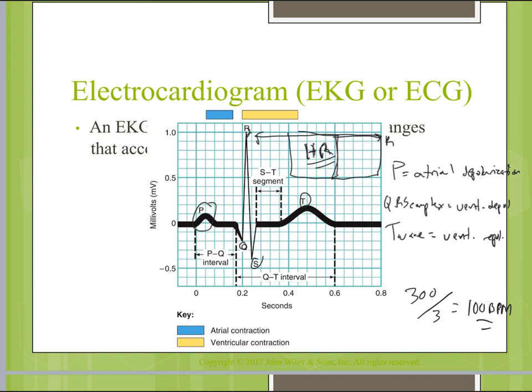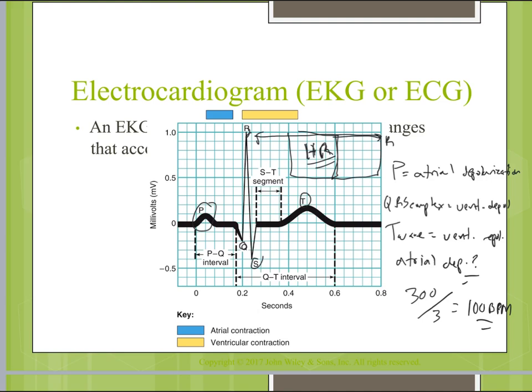Now, one last thing. Everything should be paired, right? We have atrial depolarization, ventricular depolarization, ventricular repolarization. So let's write in, where is atrial repolarization, right? Where is this? It should be here. It is a phenomenon that occurs. How come we don't see it? The answer is pretty simple, right?